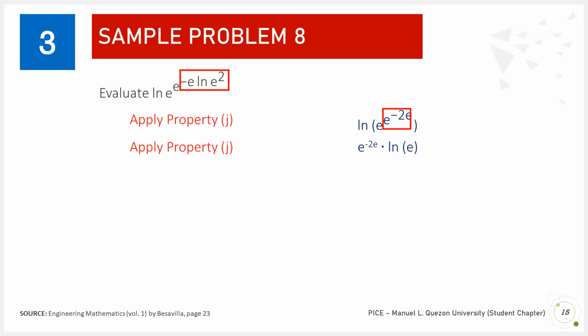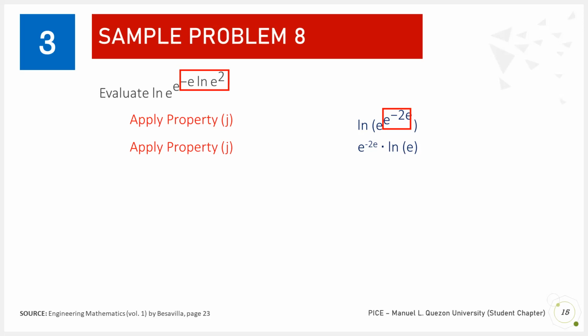So kasi dito sa equation natin dito sa step 1, technically ang exponent natin is e raised to negative 2e. So may pagka-complex siya, pero ang tumatayong exponent doon sa expression natin sa equation 1 is e raised to negative 2e. So i-bring down natin siya because we have this particular rule sa property J.